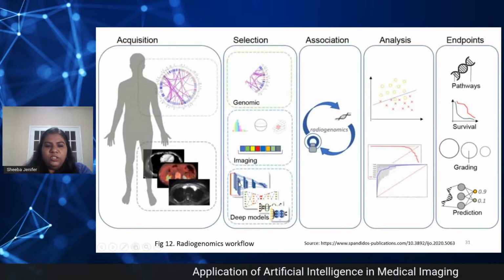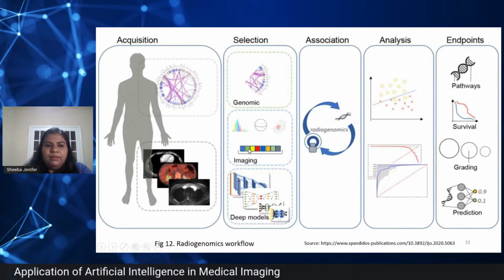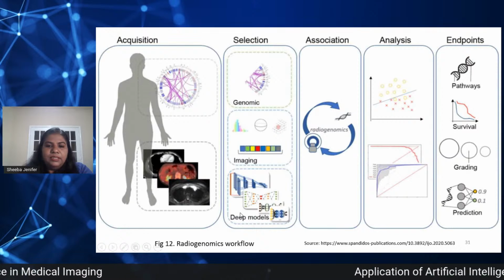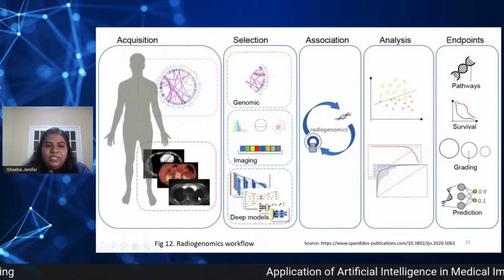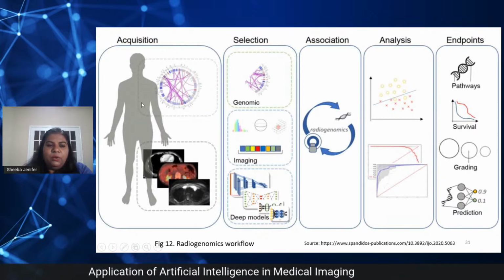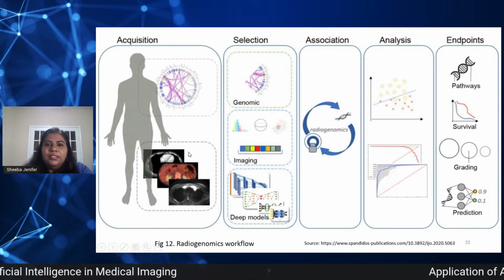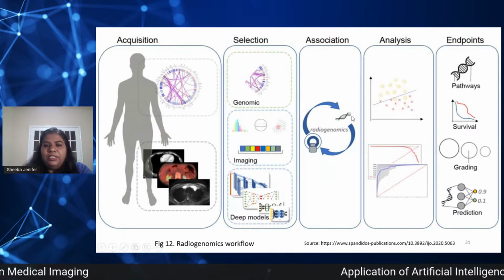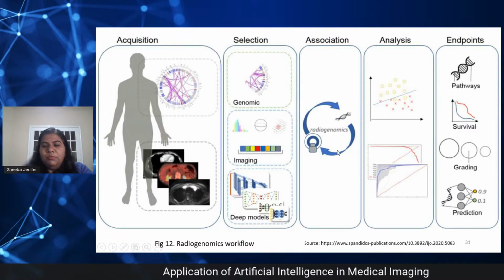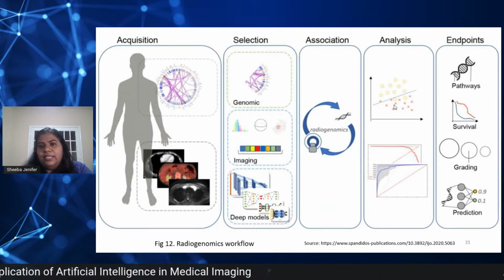So this is the radiogenomics workflow. Now we have genomic data available and we have imaging data with the information extracted by these deep learning models. We have rich features available from the acquired radiologic images, so that we can combine everything we have, the features extracted from these images, and build a model and use it for analyzing or classifying.